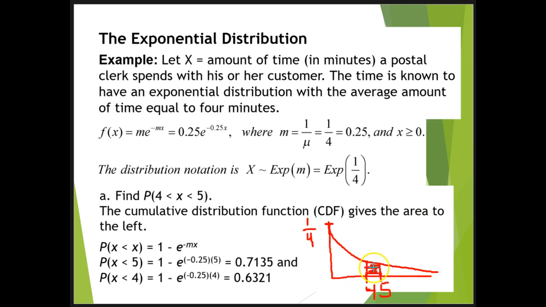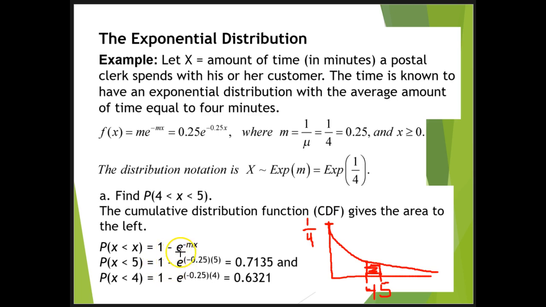So in order to find this, we have to find the area of x is less than 5, then the area of less than 4, and subtract the 2, and that's how we're going to find the difference or the area between 4 and 5. You can see over here we've set it up, and all you have to do is plug in the values here.